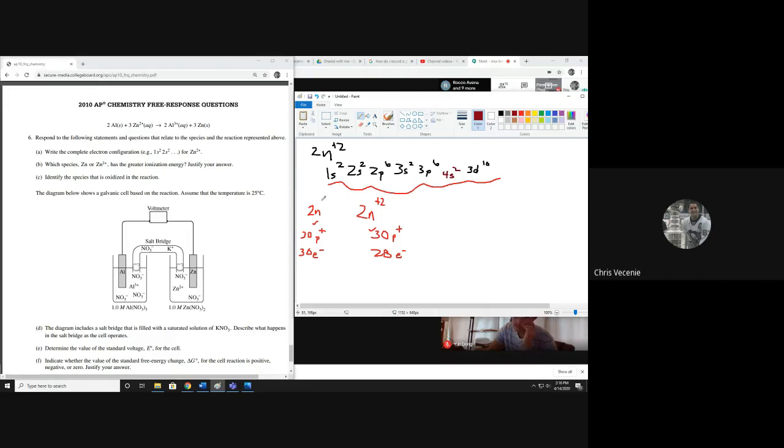If I'm taking regular zinc's electron, Ethan, where is zinc's first electron leaving from? Which one, the Zn2+ or regular zinc? You would take it from the 4s2, right? Exactly. So this one's first electron is leaving a 4s orbital. Where is Zn2+'s first electron leaving from?